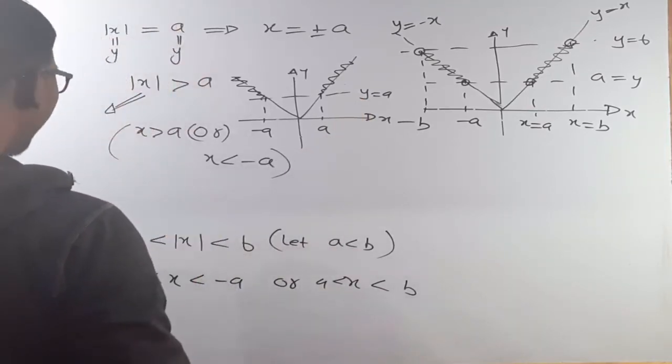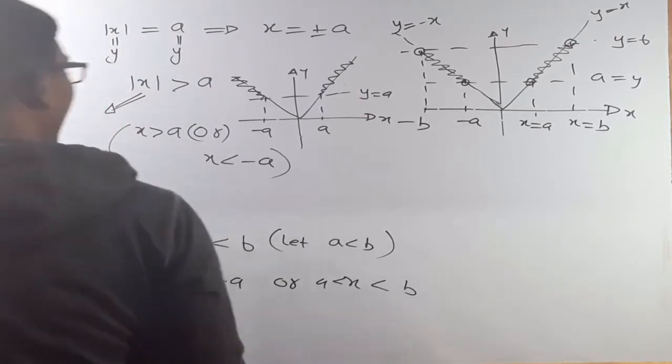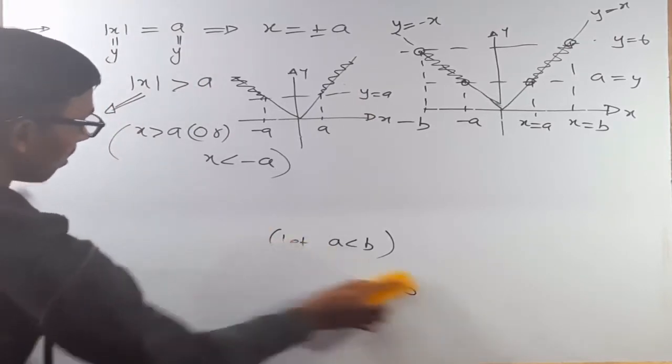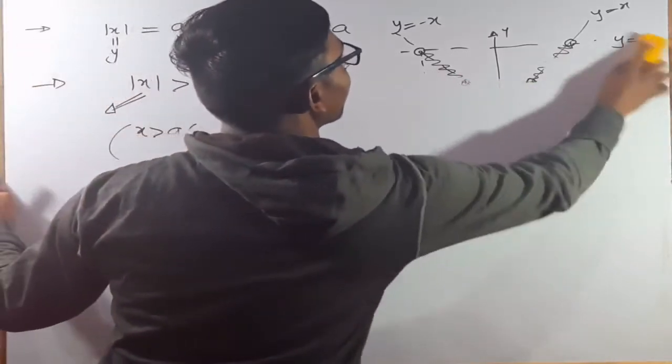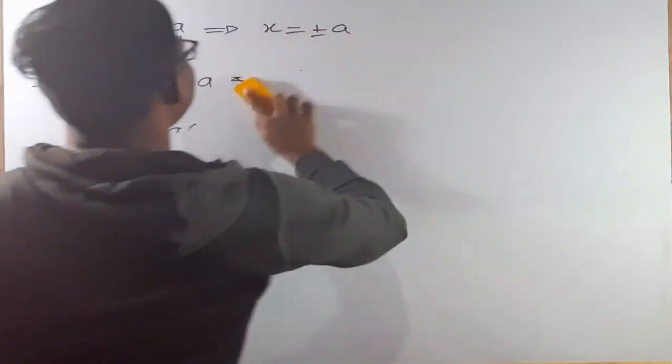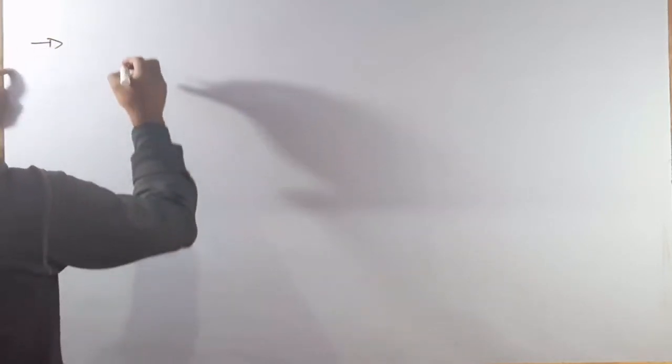So I'm going to write one more property. Before that, I should rub this. These are the inequalities as far as the modulus function properties are concerned.